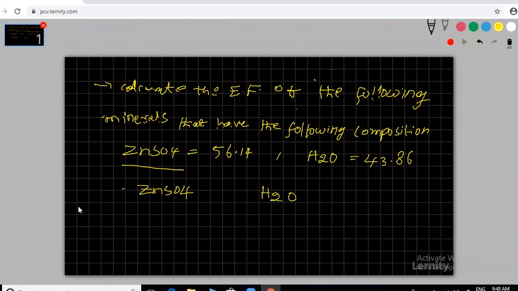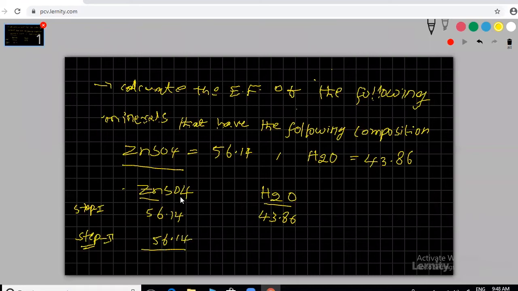Step 1 is the weights: 56.14 and 43.86. Then step 2, we have to divide with their masses. 56.14 divided by the ZnSO4 molecular weight, which is 161.4.